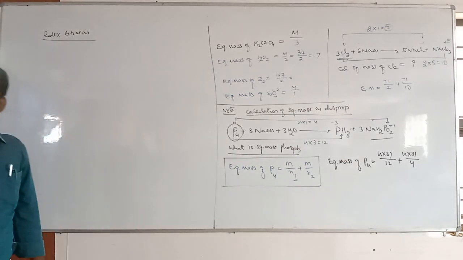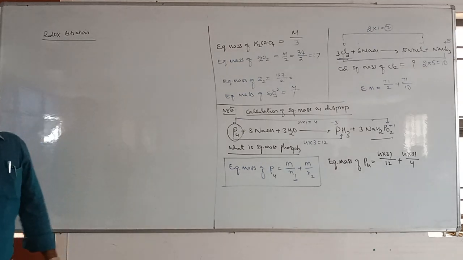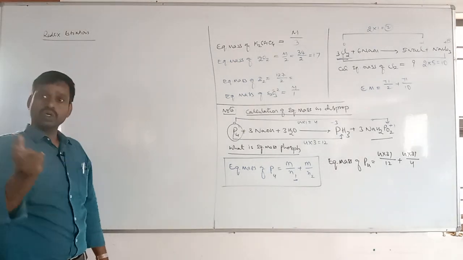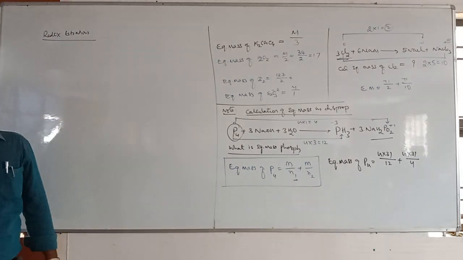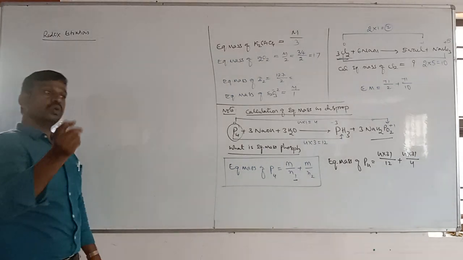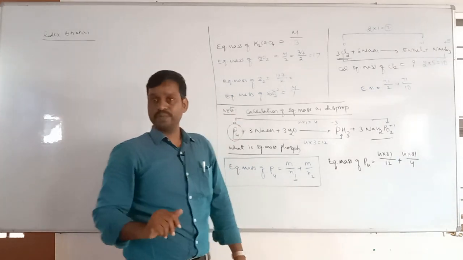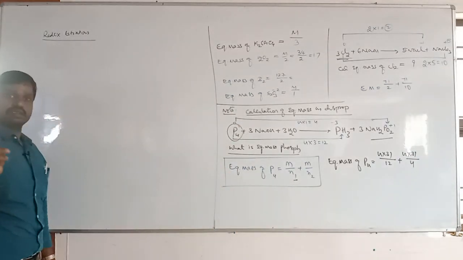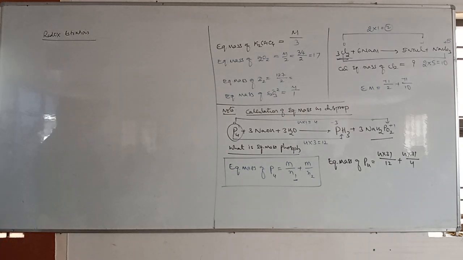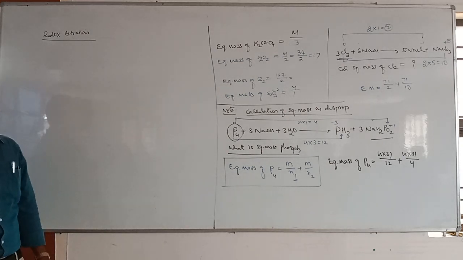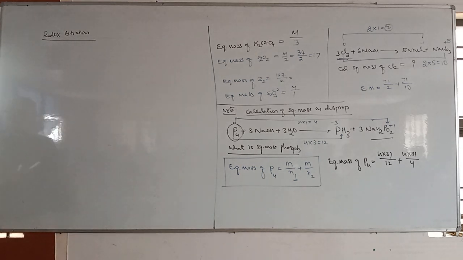In 12th standard we have KMnO4 versus FAS, KMnO4 versus oxalic acid, K2Cr2O7 versus FAS, and I2 versus hypo. I2 versus hypo is not a practical in your syllabus, but it is there for NEET and CET exams.